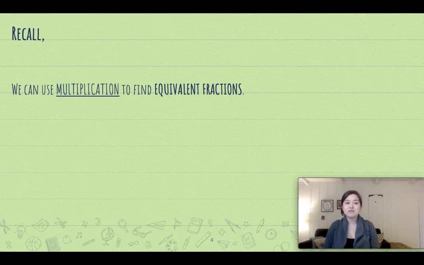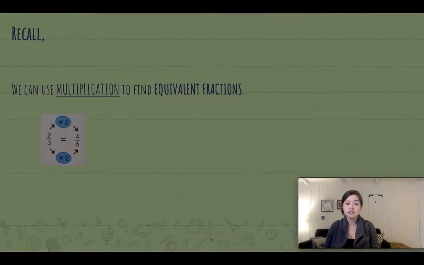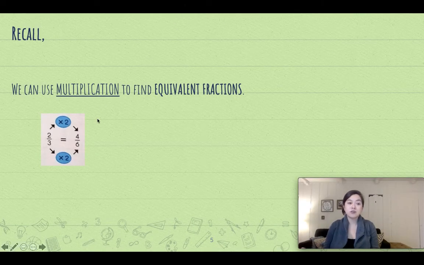Okay, from our last lesson, we learned that we can use multiplication to find equivalent fractions. So if we had 2/3 as a fraction, we will multiply the numerator and denominator by the same number to get an equivalent fraction.